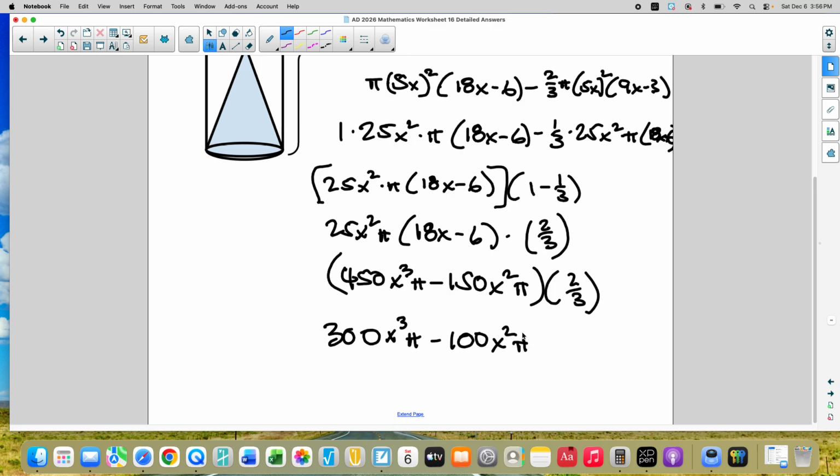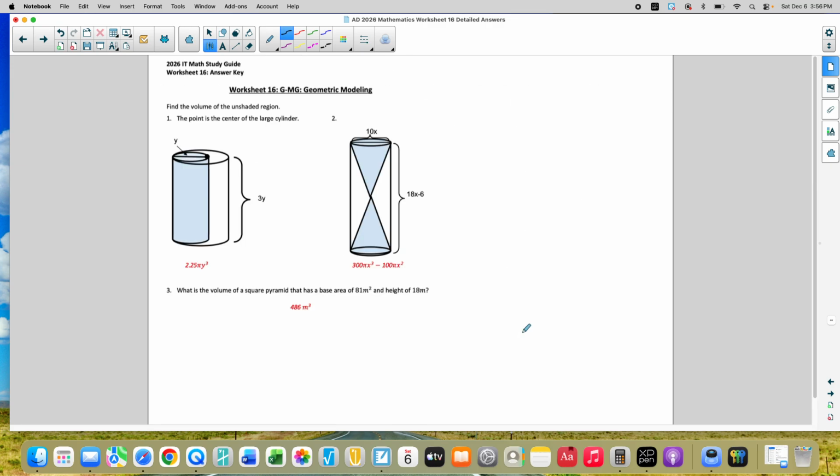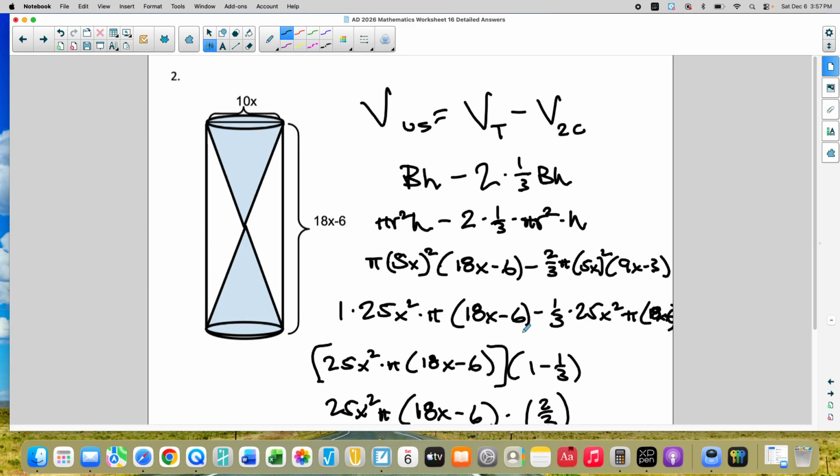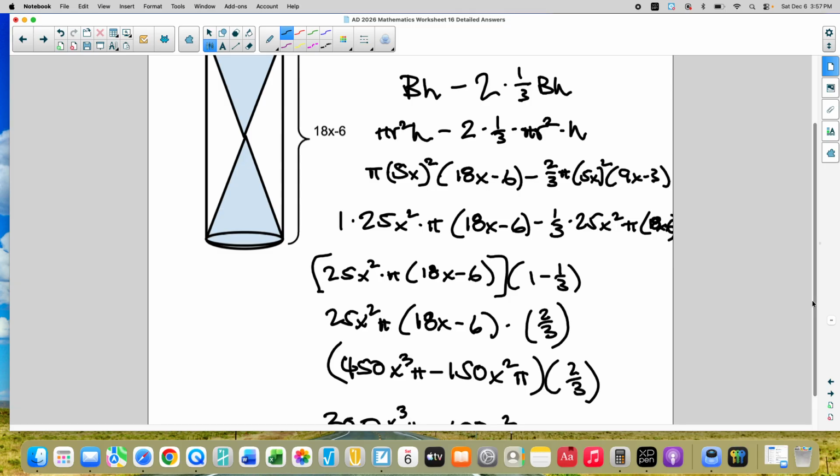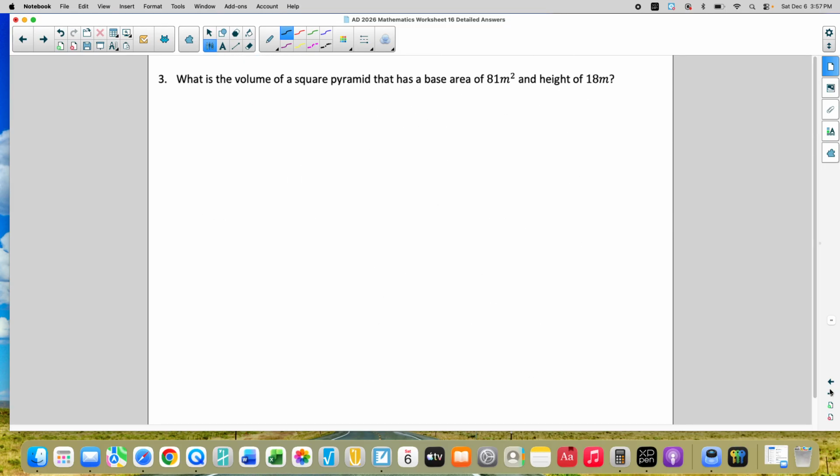Pretty sure that should be it. 300 pi x squared minus 100 pi x cubed. Yeah, cubed and squared. Good. All right, I got it. A little time consuming. I probably made it harder than it needed to be, but it's a good way.